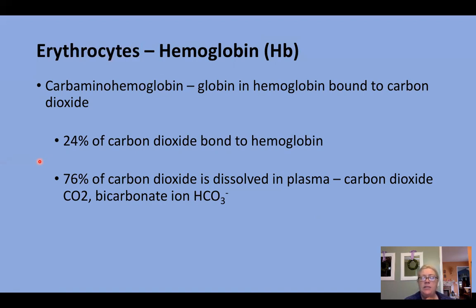And if 76% of the carbon dioxide in your blood is dissolved in the plasma, wouldn't that make our blood a little bit acidic? Well, it doesn't, because there is an enzyme in red blood cells that converts the carbon dioxide and water first into carbonic acid, which is the acidic portion.